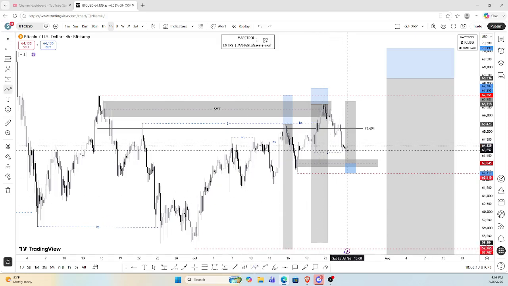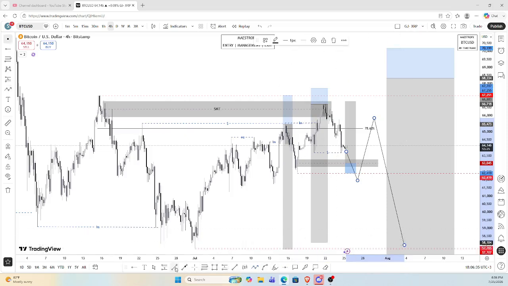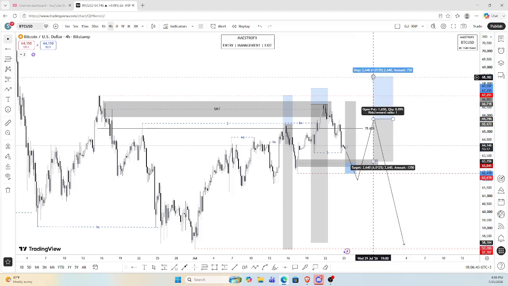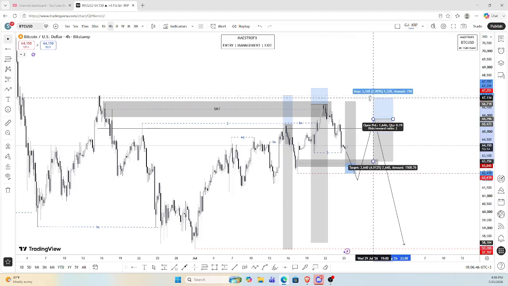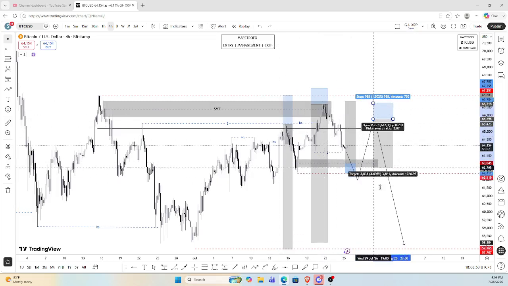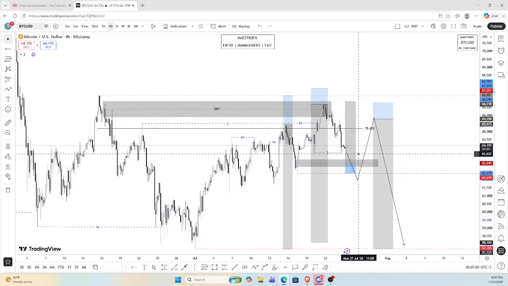But if we get that break of structure, if this low doesn't sustain the price above this, I'll shift from net longs to net short, and that will be a very good continuation setup with stop loss above this swing high and targets down here, and you can see that that will be around 1:8.17.